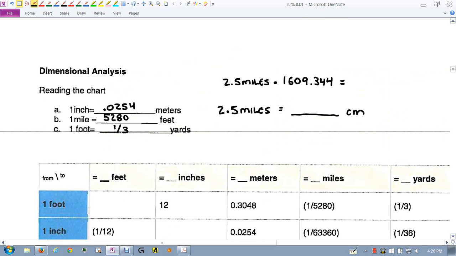What is that? Meters. And then you take that to centimeters. So you go from meters to decimeters to centimeters. So 2 to the right. Y'all follow that? Questions? 402336 centimeters.